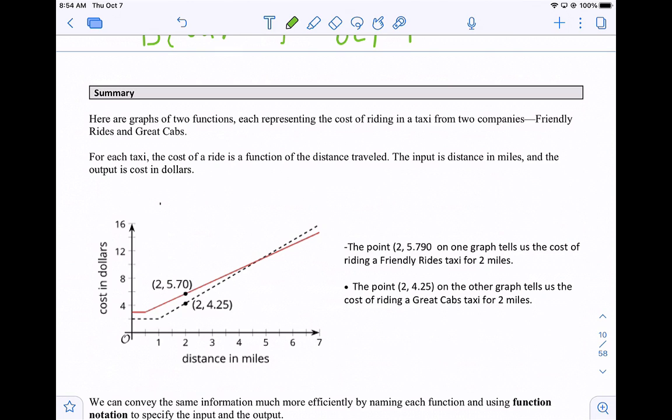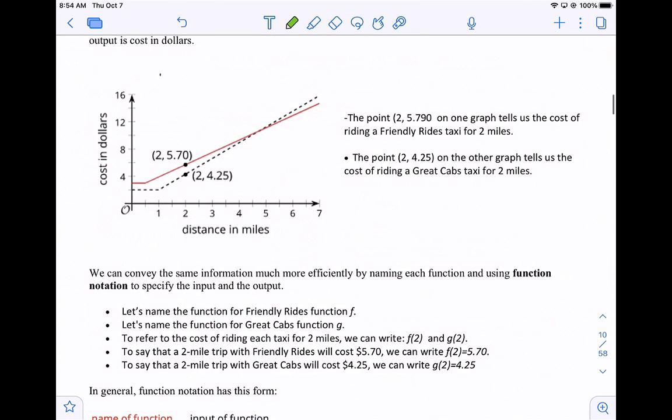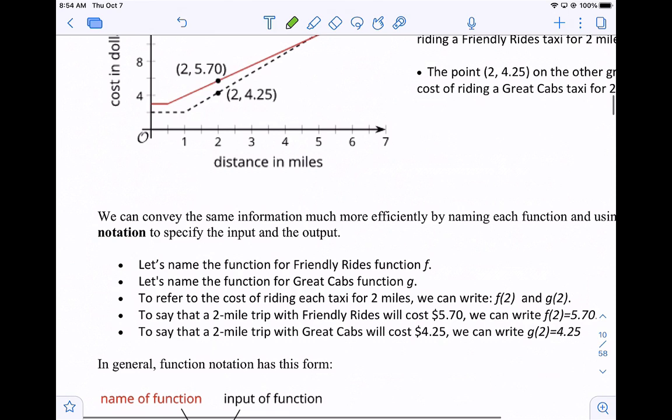We can convey the same information more efficiently by naming them using function notation to specify the input and output. All right, so we're going to name the function for Friendly Rides F, and Gray Cabs will be G. So this is just showing us how they did it. F of 2 just means after 2 miles, what's the cost? G of 2, what's the cost for the second cab fare after 2 miles?